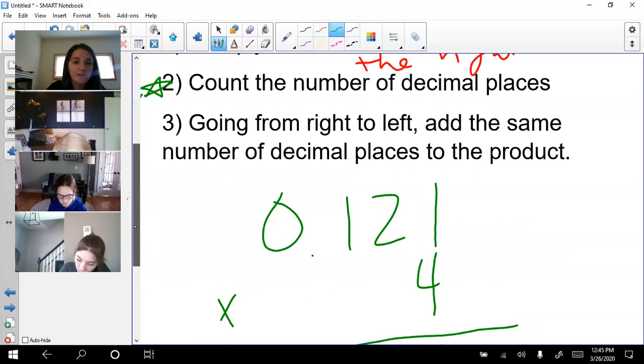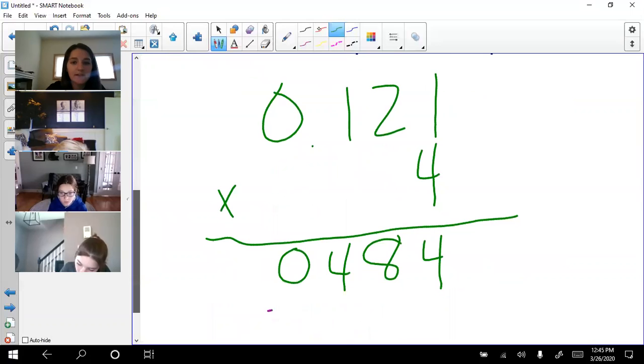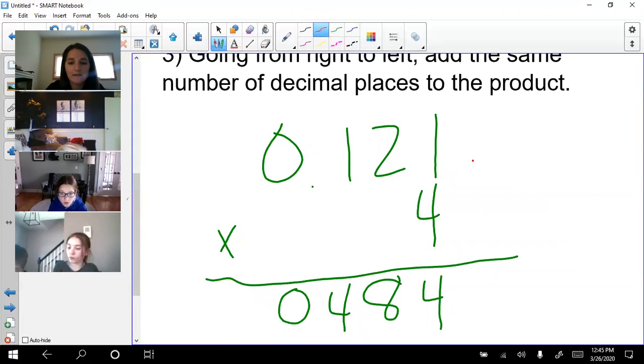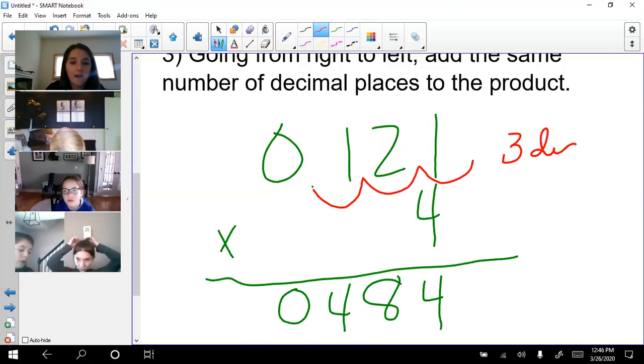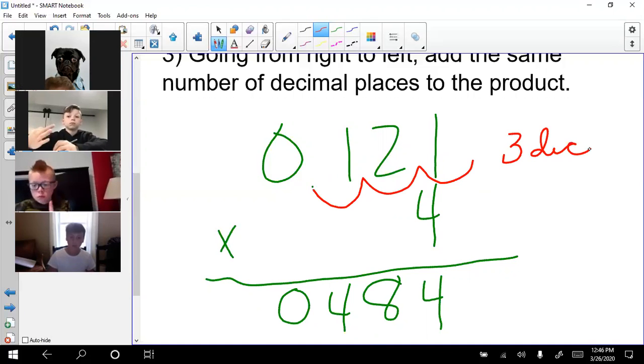Step number 2 is count the number of decimal places. So I'm going to count over like this: 1, 2, 3. I like to do those little bumps there, so that shows different place value. So there's 3 decimals here. How many decimal places should my answer have? Will you show me with your fingers?